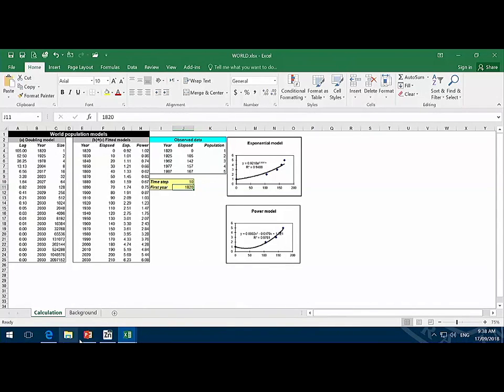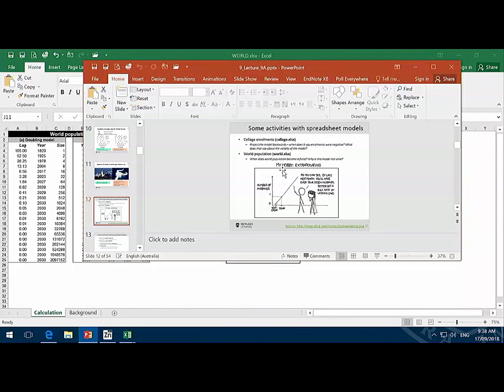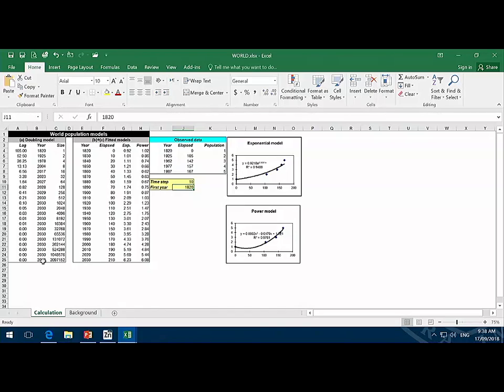So every model has limitations. This doubling model is clearly invalid because by 2030 we go to infinite. That doesn't make any sense. These ones are better, though obviously not as accurate. This quadratic model is clearly wrong, because the population did not go down from 1820 to, let's say, 1870.